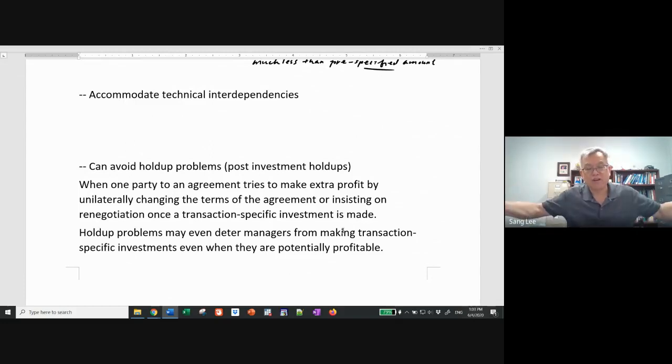And also when they are physically located what, close to each other, then what, the vertical integration can ensure the steady flow of what, material. So it'll make a whole production process a lot more cost effective.